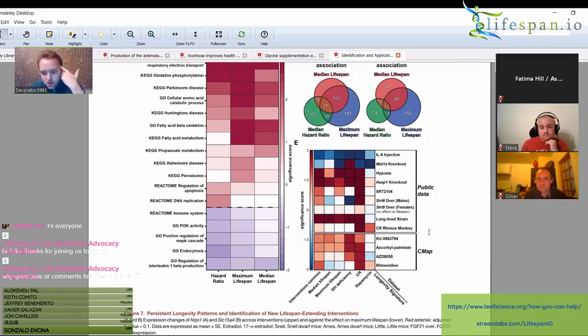Interestingly, in case of caloric restriction in rhesus monkey, this is also liver data, the caloric restriction signature showed strong positive association. So it means that the caloric restriction effect is pretty similar on gene expression level across species, comparing mouse and monkey. But for some reason, we didn't observe any significant association with biomarkers of lifespan extension.